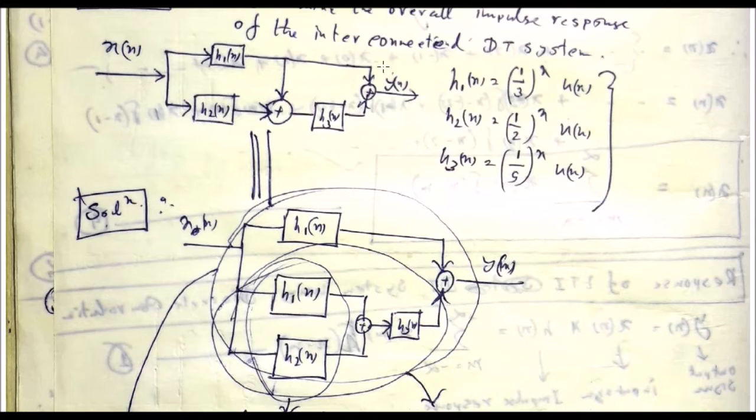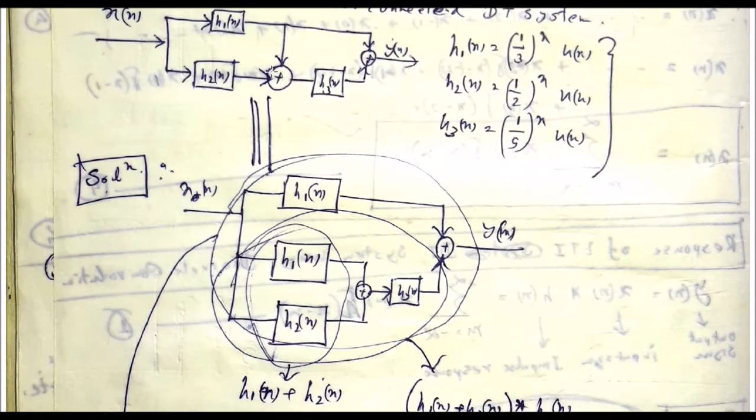The output of the second summing adder is connected to another system which has the impulse response h3[n], and the output of h3[n] is added with the output of h1[n], and you will get the overall output.